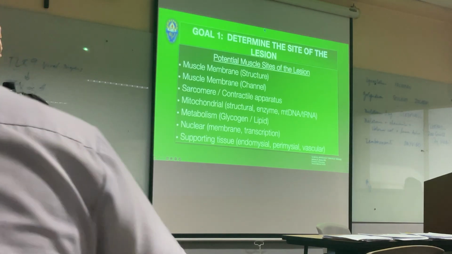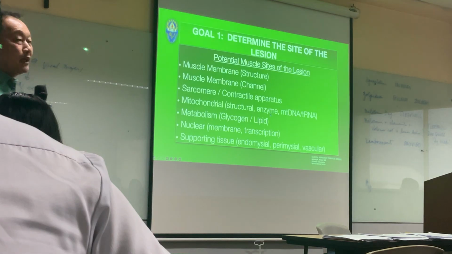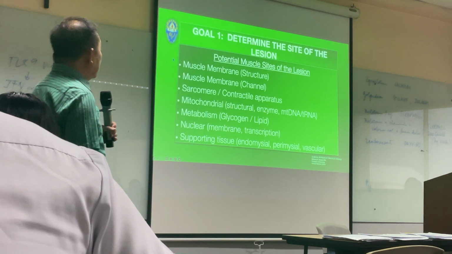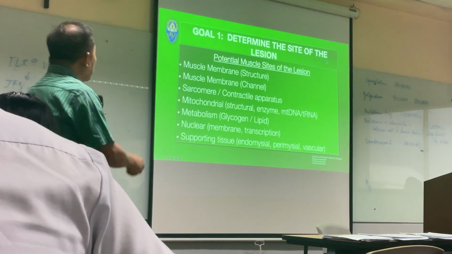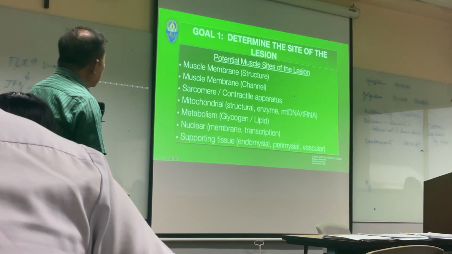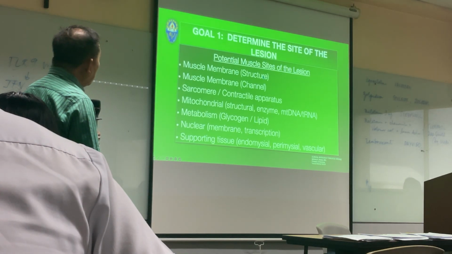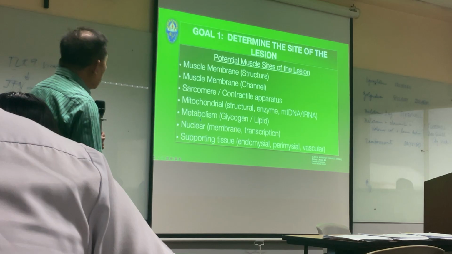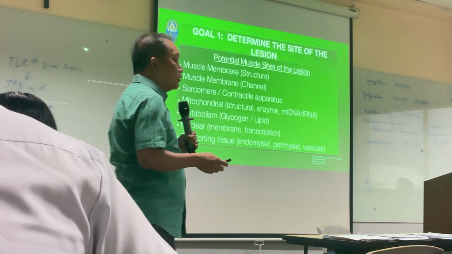How do you confirm which of these are which? Nowadays, it used to be electron microscopy. It used to be a big thing. For most of these non-metabolic diseases, for the structures, the membrane, the channel, the contractile apparatus, the sarcomere, the mitochondria, the nuclear, that is diagnosed mainly by electron microscopy.